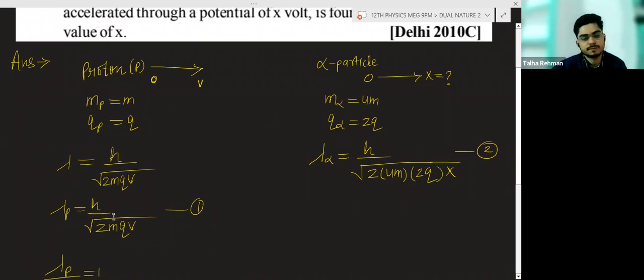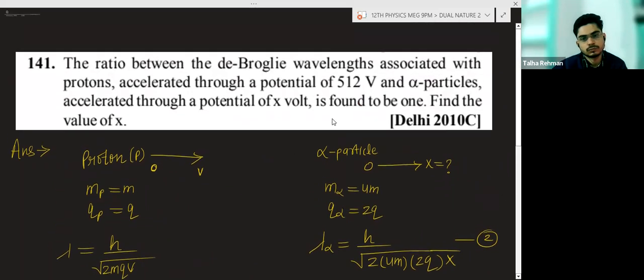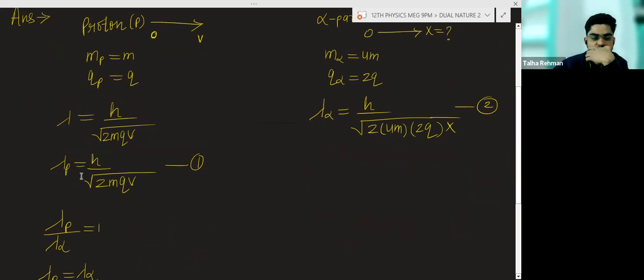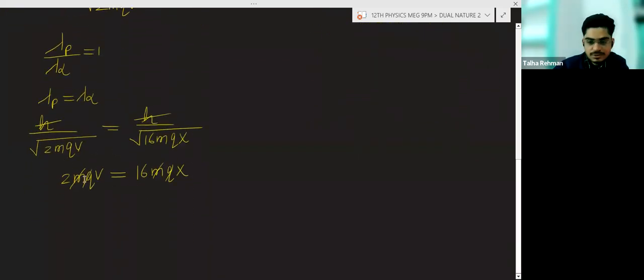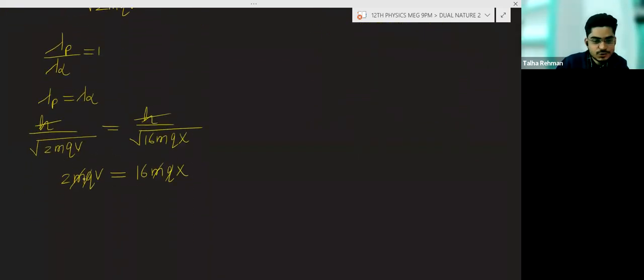It will be this 512 volt. If we divide this, then we will get 1 or equal. Oh, sorry. Answer is right. Actually, this is 2.